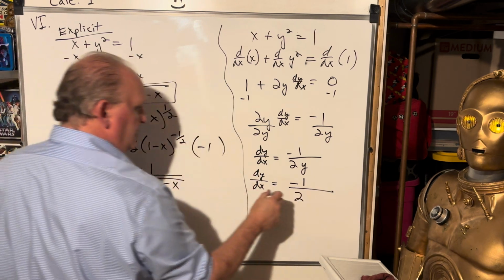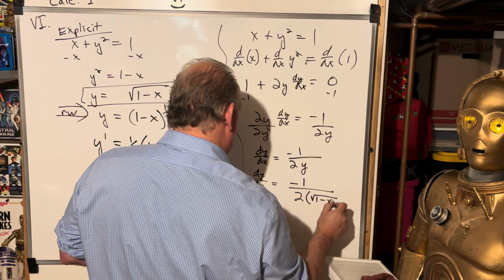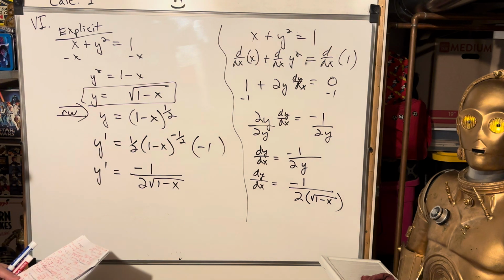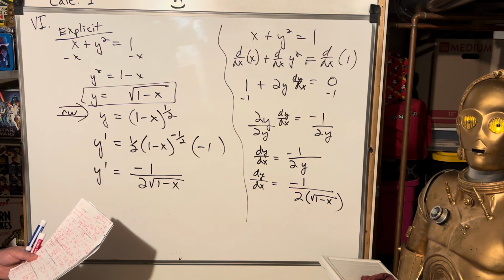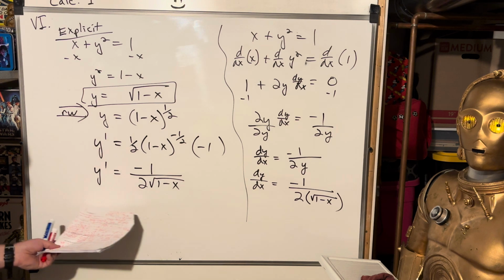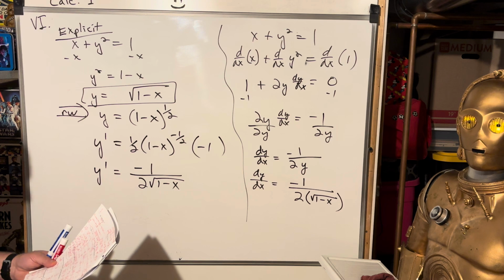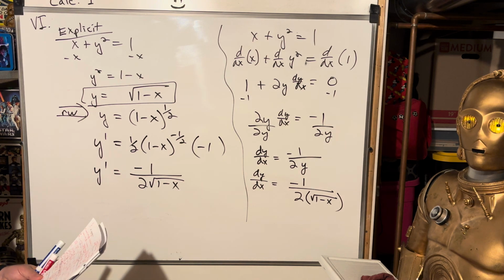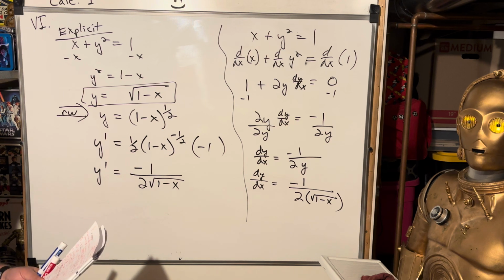And if I put a square root of 1 minus x in there for the y, then we have the same answer. So implicit differentiation and explicit differentiation would be the same. All right.